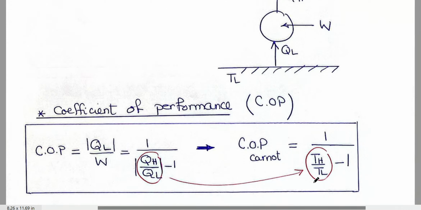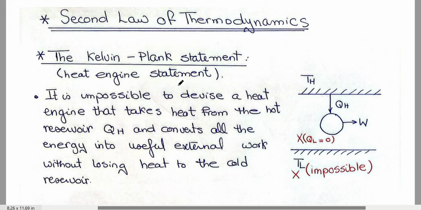The second law of thermodynamics has three statements. It's a kind of statement, it doesn't have an equation. The first statement is called the Kelvin-Planck statement or the heat engine statement. This statement states that it's impossible to have an engine that absorbs QH and gives you work without rejecting QL.